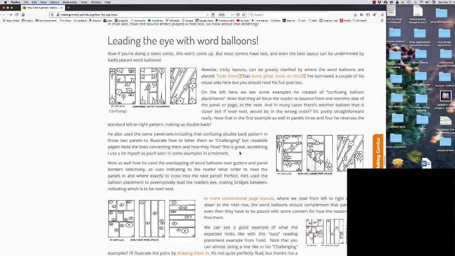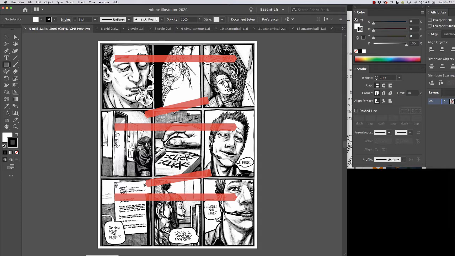So you can use all sorts of visual elements in your illustration to help the viewer look in the correct direction, or help direct their gaze from one panel of the illustration to the next, or one step in the sequence, one step in the process to the next. So let's go back into Illustrator.